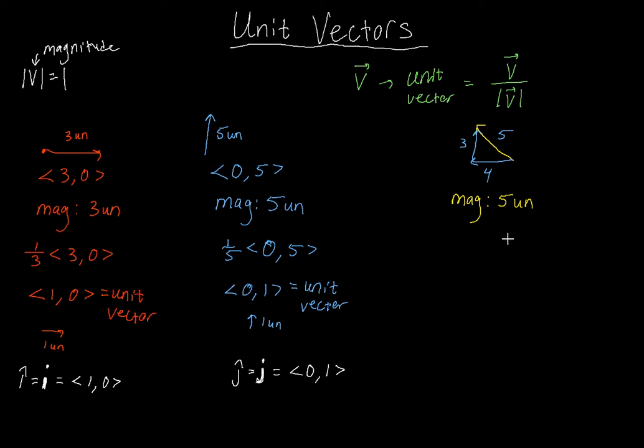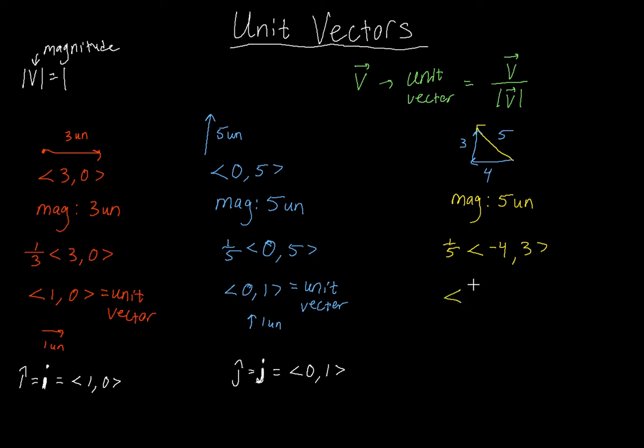So if I want to find the unit vector of this, then I need to take my original vector. The component form of that vector is 4 to the left, so -4, and 3 up. So here's my original vector. I need to divide it or multiply it by 1 over the magnitude of the vector.